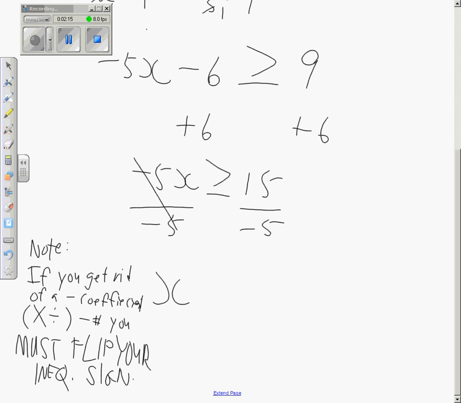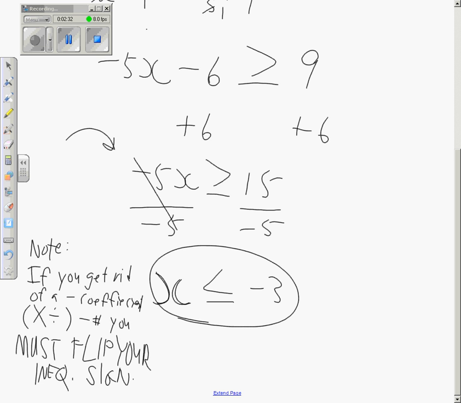So because I divided both sides by negative 5, I now have x, but I'm going to flip my sign from this way to this way here. I didn't do that very well. But because it was greater than, it's now going to be less than or equal to negative 3.